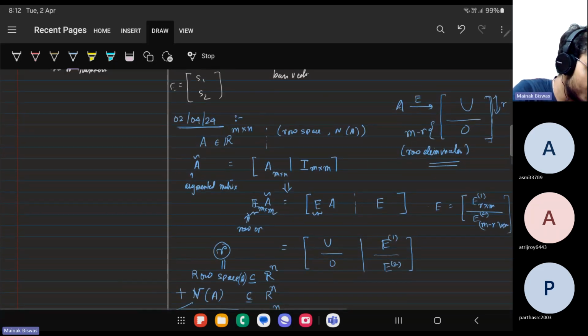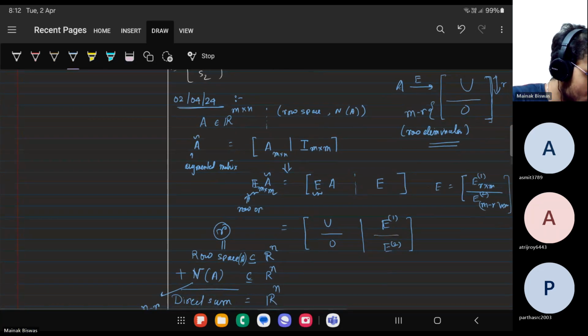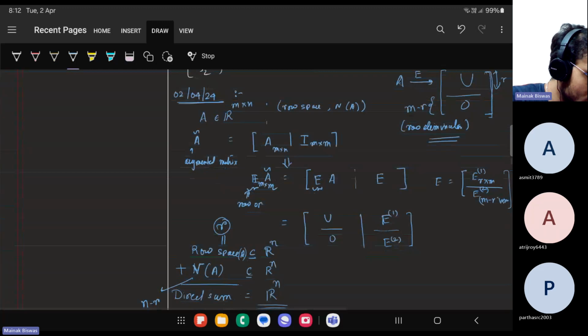That is what you get. Now my question is, have I written the things correctly? Let me just check once. M cross n, row space and null space. Yes, that is right.